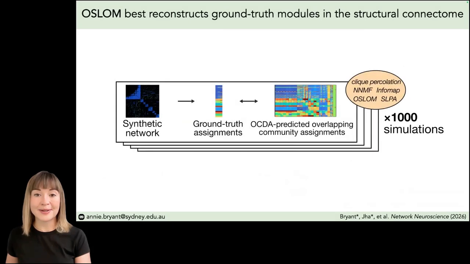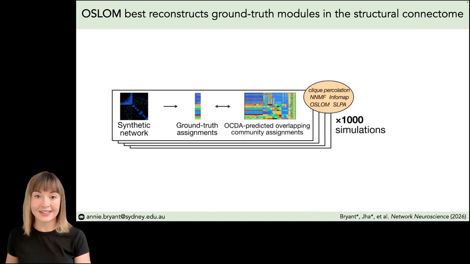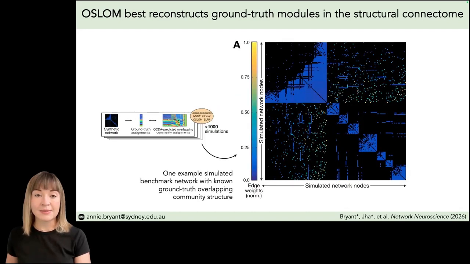Okay, so now we know how to simulate an ensemble of 1,000 benchmark networks, apply our set of 5 OCDAs and their parameters to this ensemble, and evaluate how well these algorithms can recover the latent ground truth overlapping architecture of each simulated network. So here I'm showing one example simulated benchmark network from this ensemble.